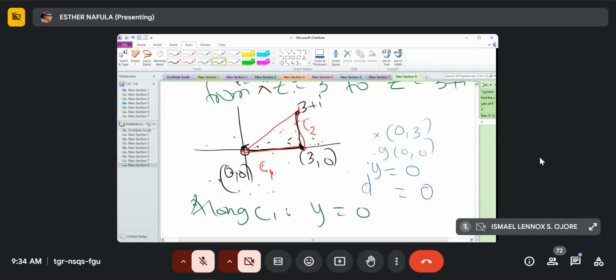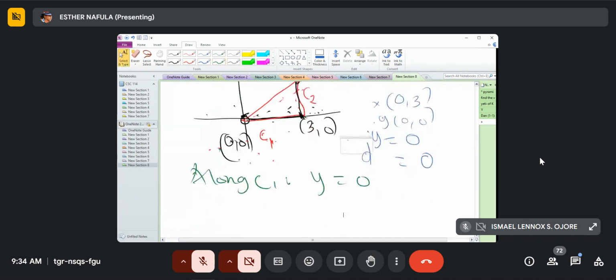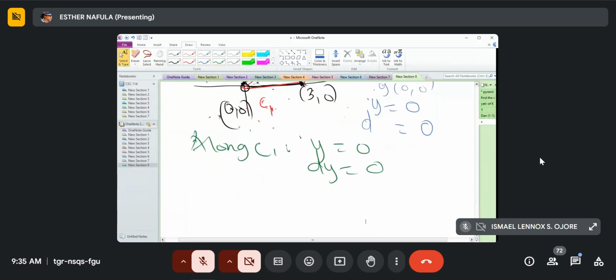You're moving from (0, 0) to (3, 0), so y is 0 and dy is also 0. If dy is 0, we're only going to concentrate on dx, and therefore the limits of integration will be the values of x, and x is changing from 0 to 3. So 0 is less than or equal to x, less than or equal to 3.